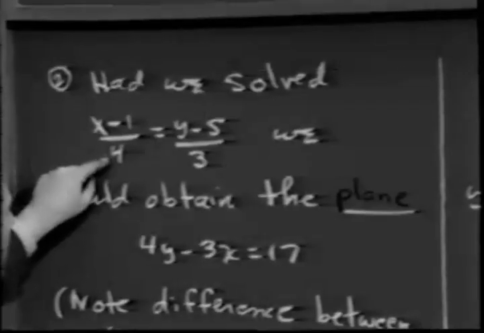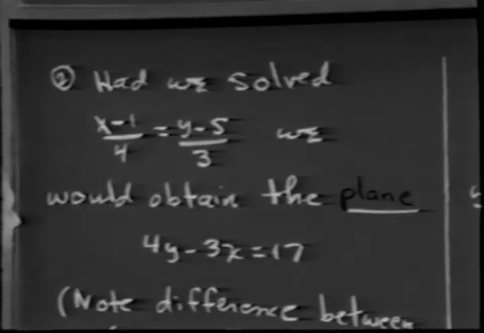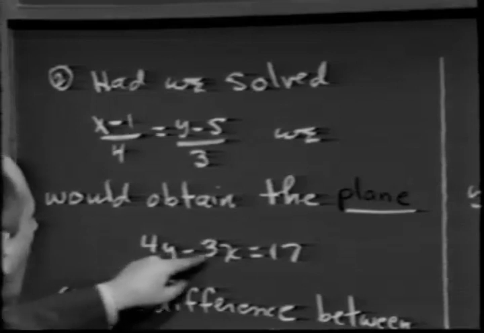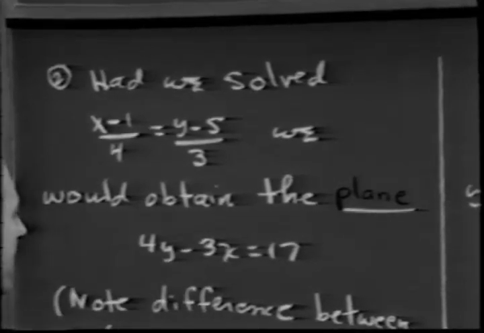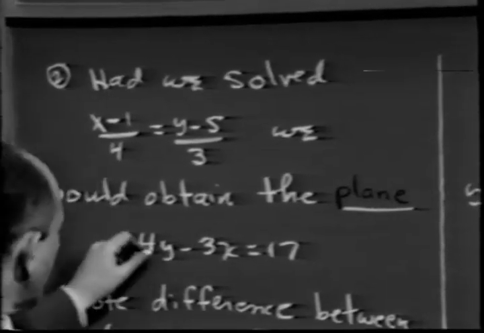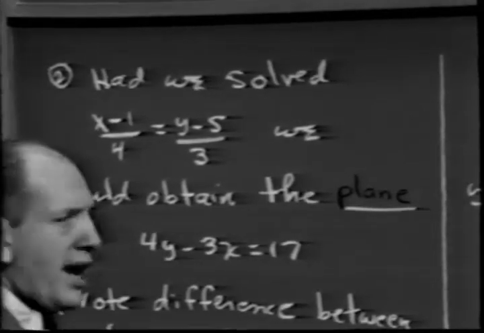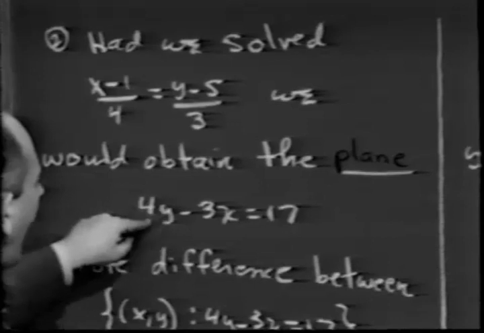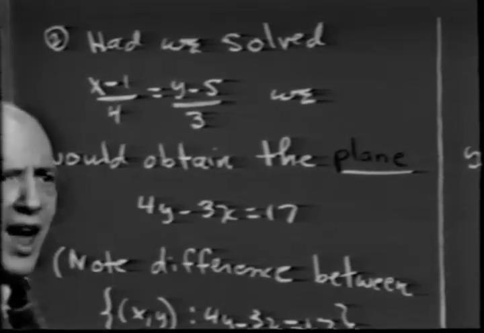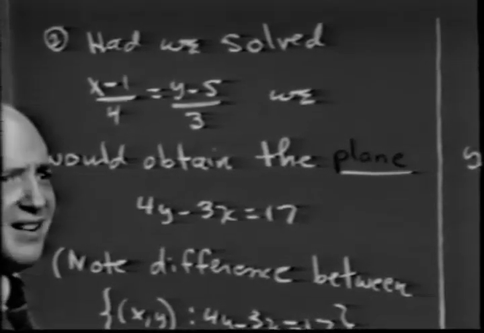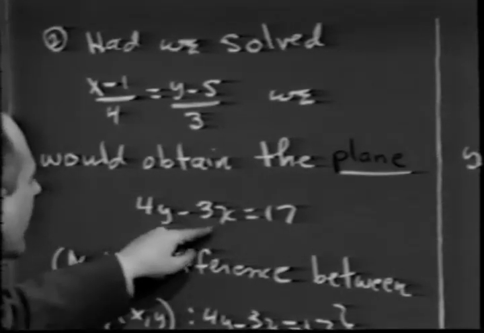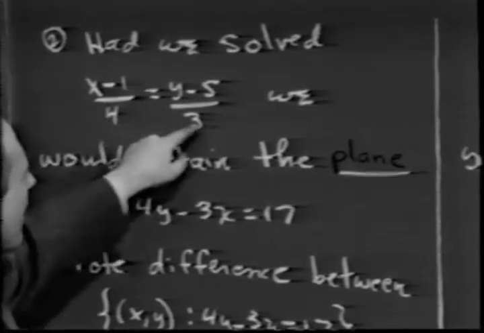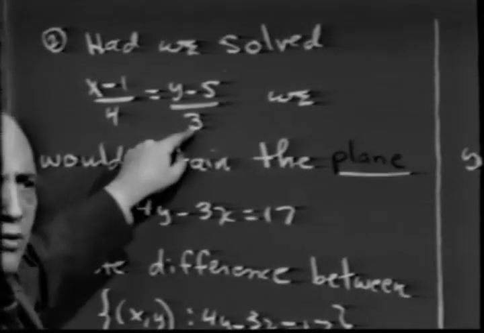Suppose we had solved (x minus 1)/4 equals (y minus 5)/3. What we would have obtained is the equation 4y minus 3x equals 17. Now this is very dangerous. When you look at the equation 4y minus 3x equals 17, I'll bet you dollars to donuts you tend to think of this as a line rather than as a plane. But the interesting thing is, notice that the way we got this equation was ignoring the z-coordinate of our points.